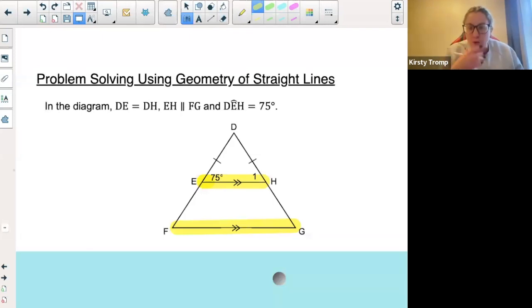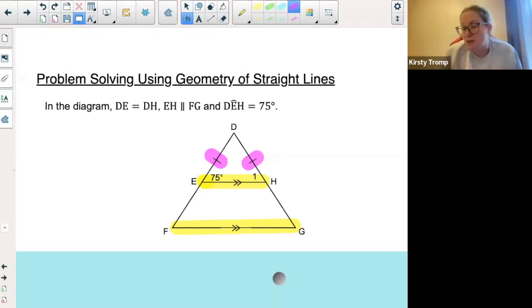Before I carry on with my parallel lines, I can also see that in this drawing I've got a triangle. If I remind myself of all the different properties of triangles, the one property that's really popular when you're doing geometry is this one, where we've got these little lines over here.